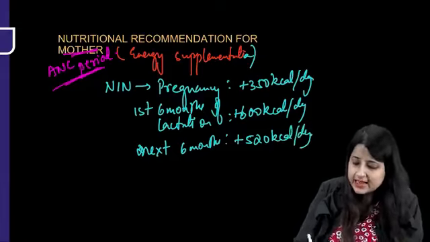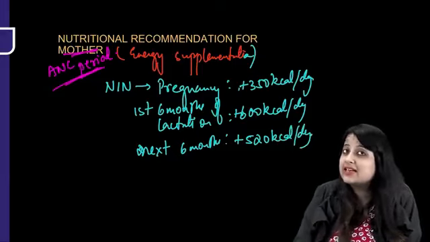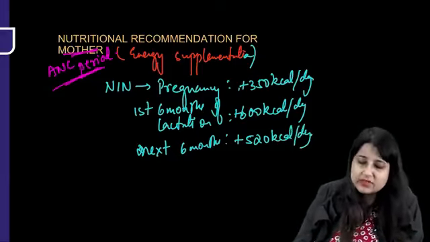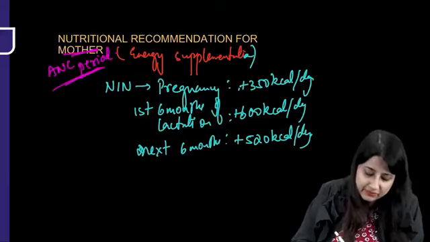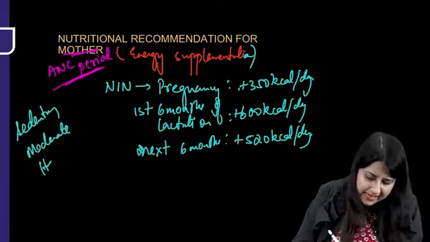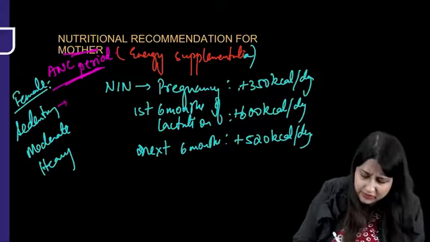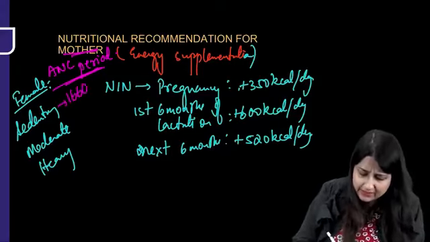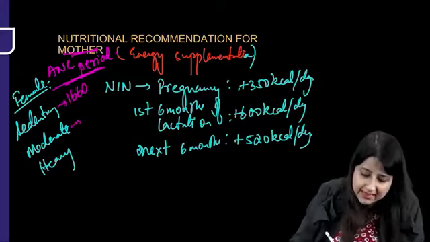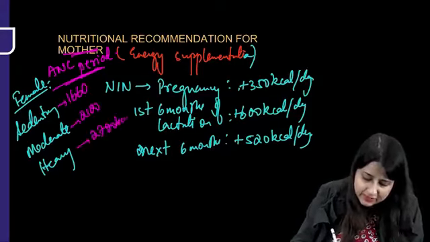And what is this plus? Plus is added to the energy requirement of a sedentary woman worker. And what was the energy requirement of a sedentary woman worker? If you remember, sedentary, moderate and heavy worker female: this was 1660 kilocalories per day, and then 2100 and 2700 kilocalories per day.